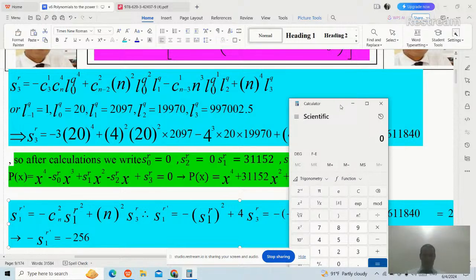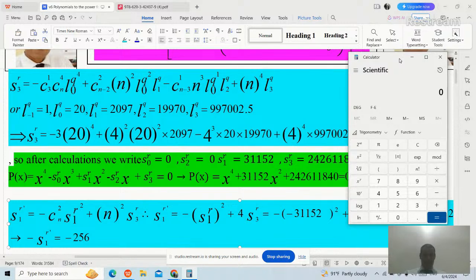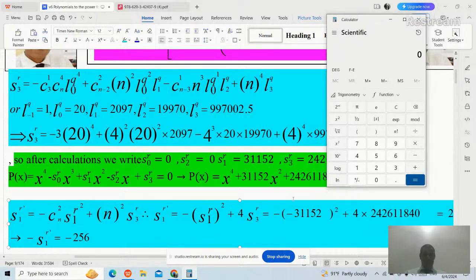We have negative 31,152 squared, okay, this one plus 4 times 2,042,611,840. This one should be equal to 256.